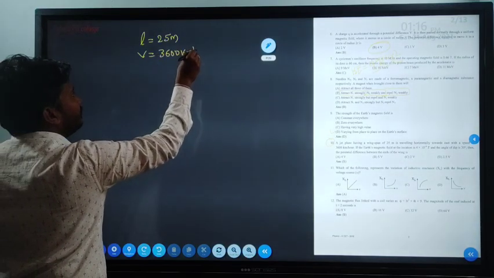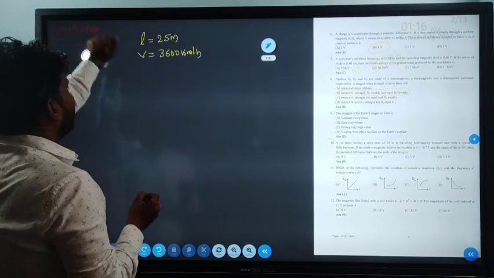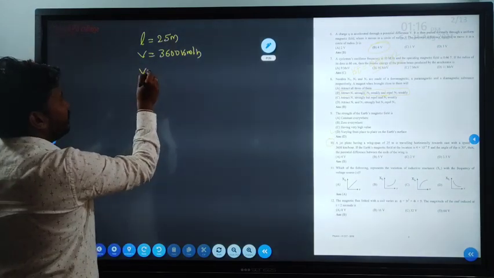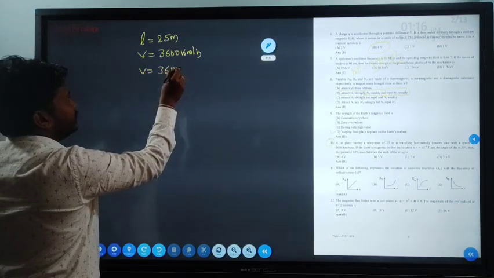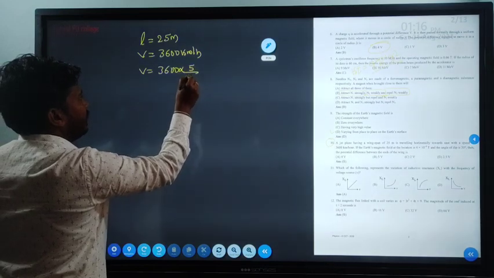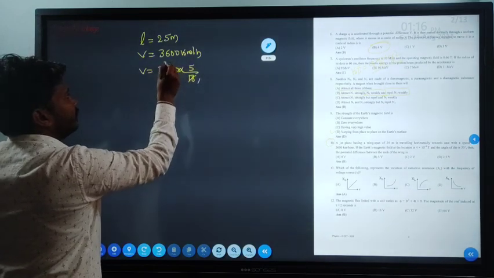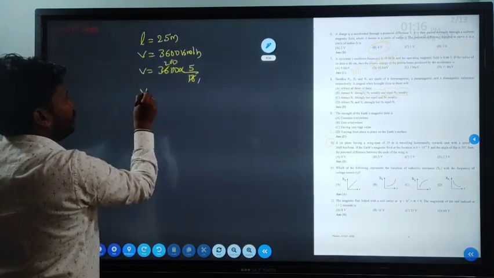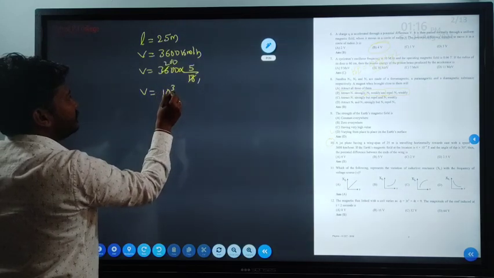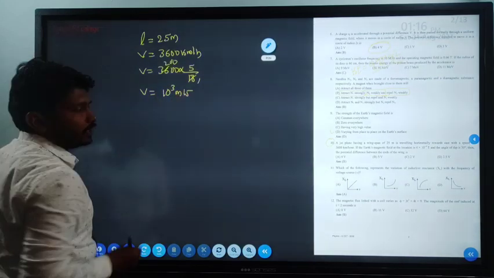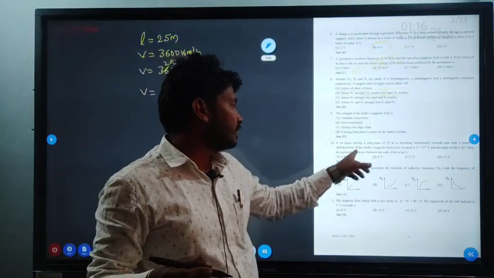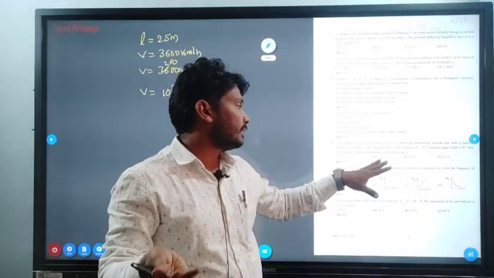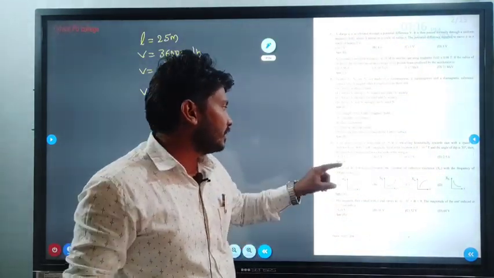I can take this in terms of meter per second: 3600 into 5 by 18. So the speed value is 1000 meter per second.